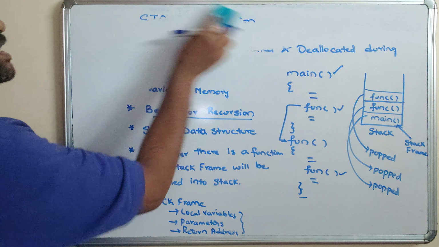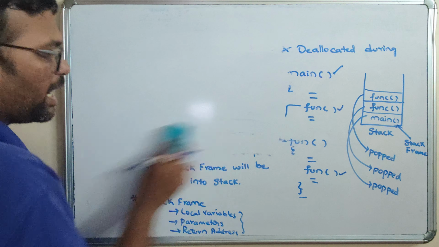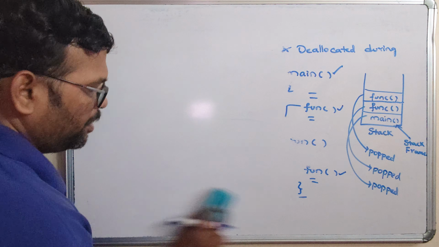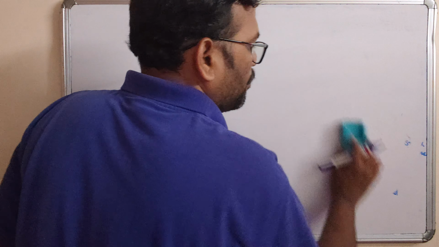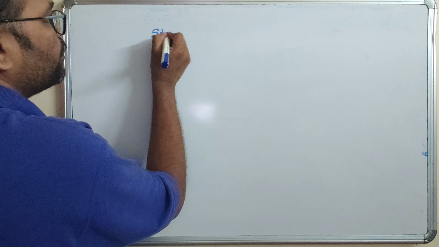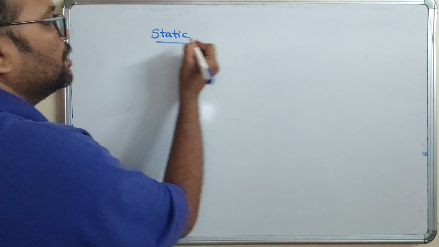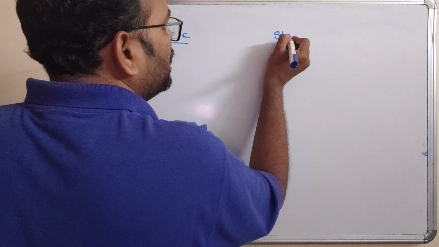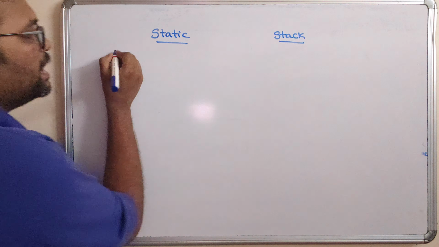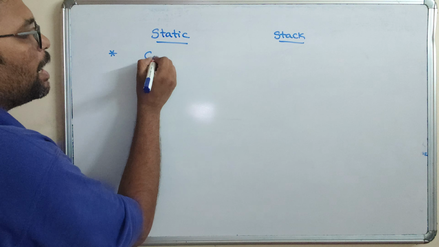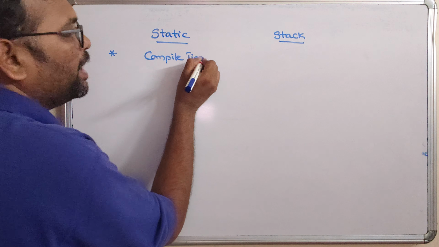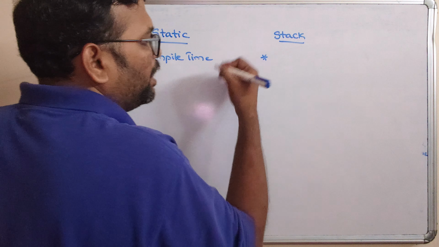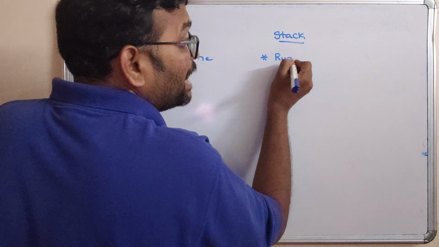I hope you understood stack allocation, which is at runtime. The first is static allocation and the other is stack allocation. Coming to the allocation time, static allocation is at compile time, and here the allocation time will be runtime.